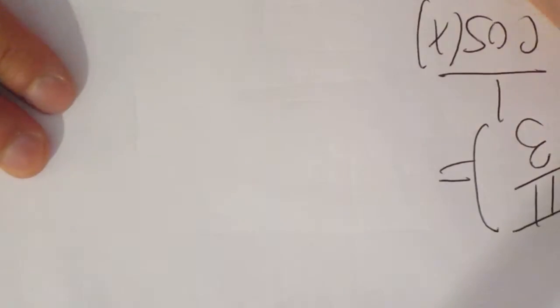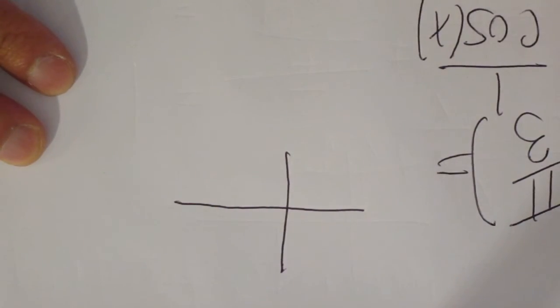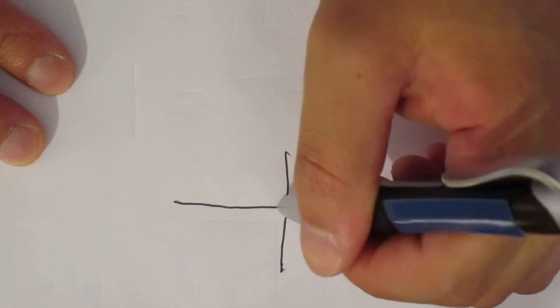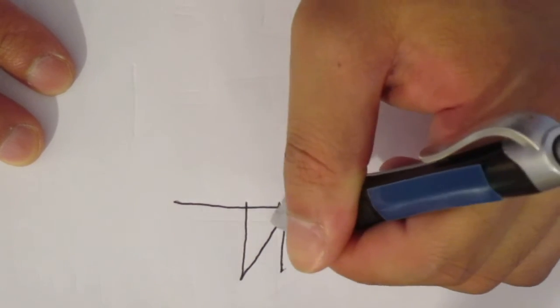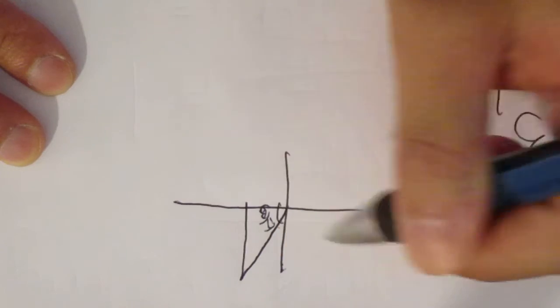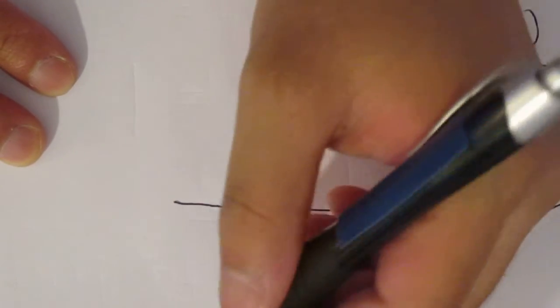So let's first look at the graph. Where's pi over 3? Pi over 3 is right here. It's 60 degrees, and 60 has a cosine of 1/2 and a sine of √3/2.